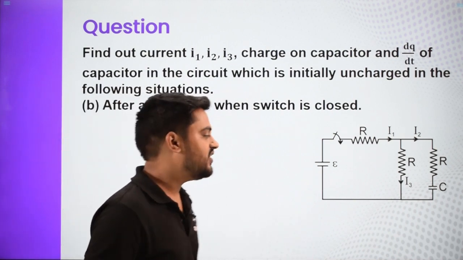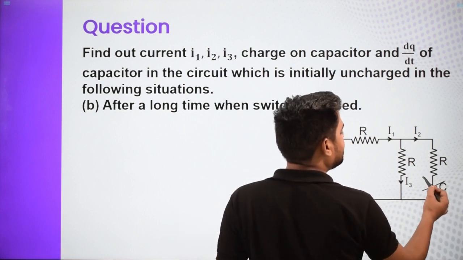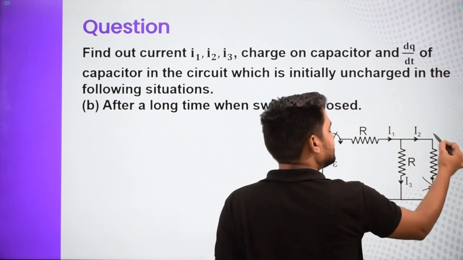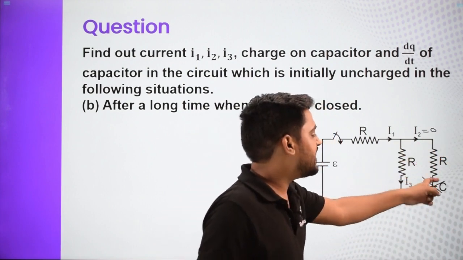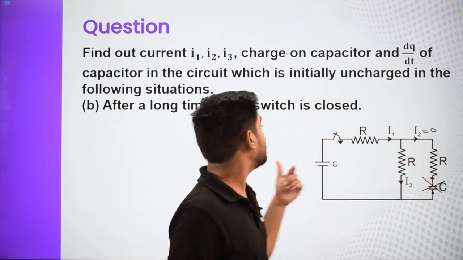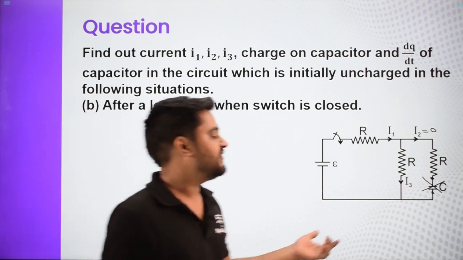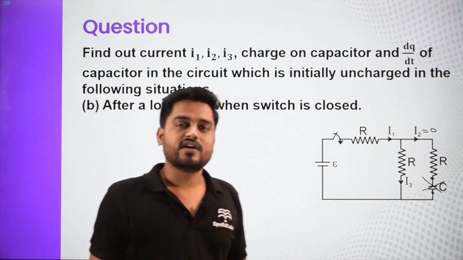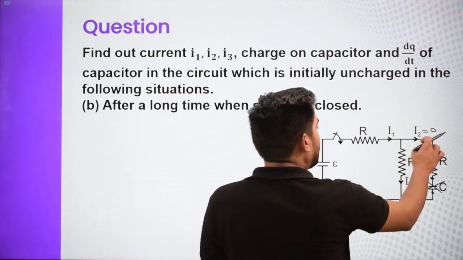What happens after a long time? After a long time, this behaves as a broken wire. This current will become zero, because if no current goes through, this branch is like not connected. We are talking about after a long duration. So after a long time, the capacitor behaves as a broken branch, or no current flows through it. So eventually I2 is zero.